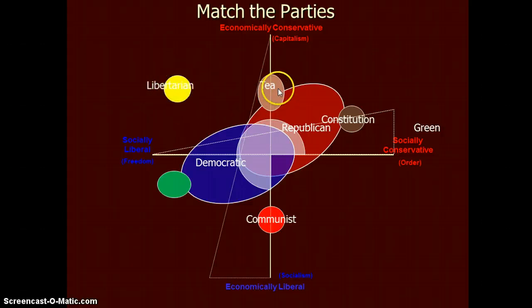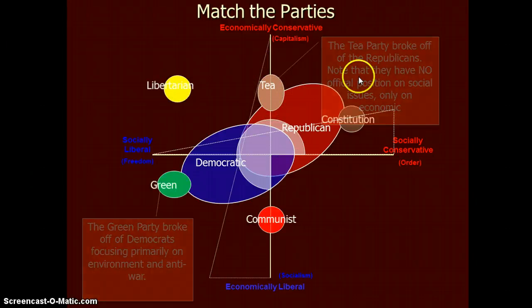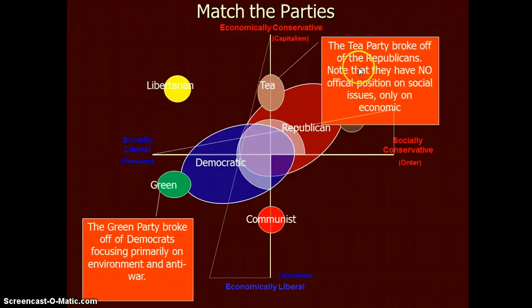So typically what we do is we put the Tea Party right here, particularly because technically the Tea Party, when you look at their base and you look at their platform, they have no opinion when it comes to social issues. They're strictly speaking about economic issues like lowering taxes, reducing the size of government, cutting entitlement programs like welfare, Medicare, Medicaid, things like that.